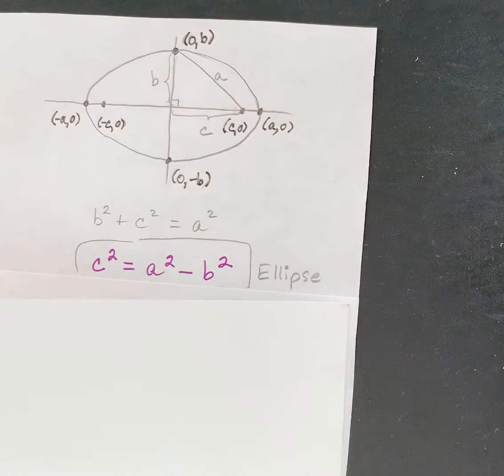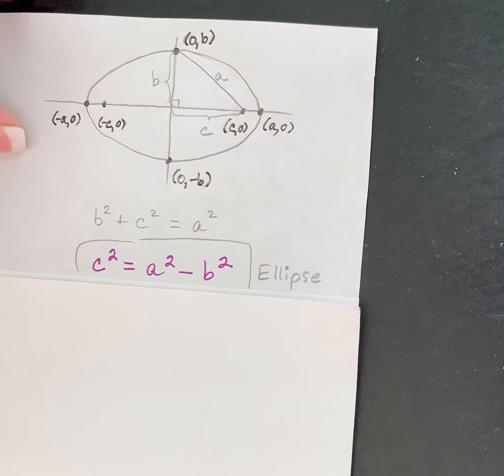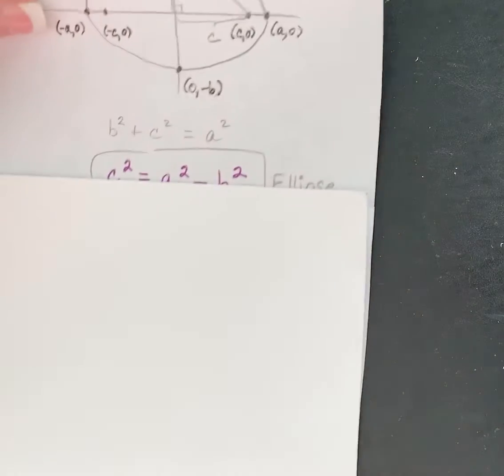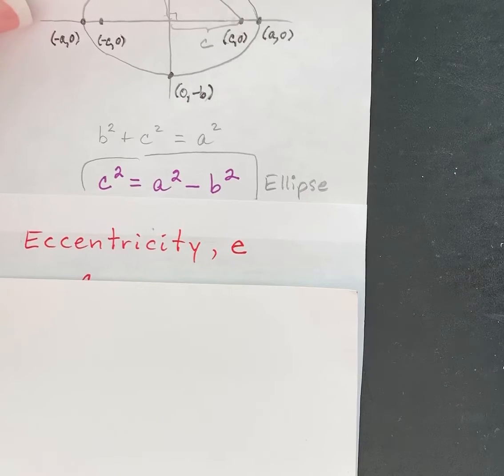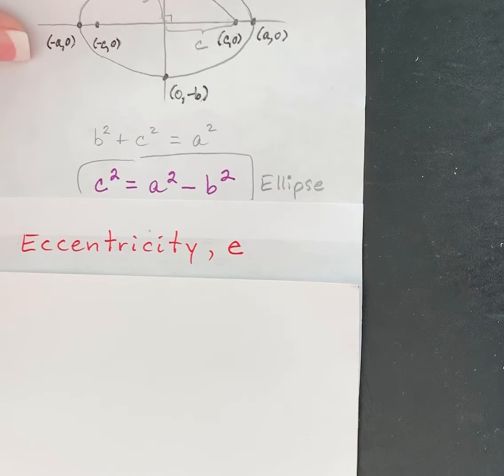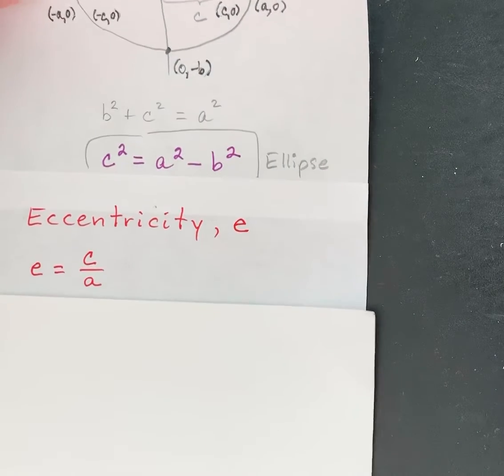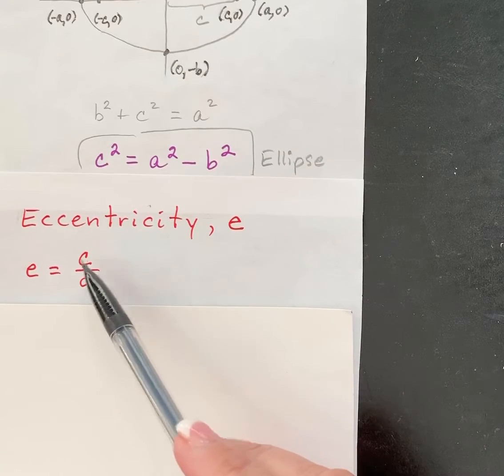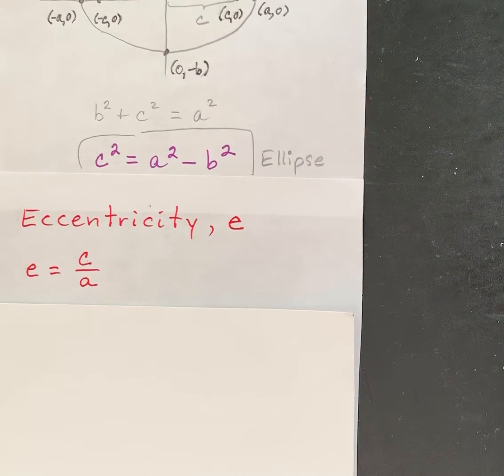Okay, all right. Now, something you can do with c, besides it just being where the foci are, is something called the eccentricity. This is usually represented with the letter e. And the definition is e is equal to c divided by a. So it's the ratio of the focal length divided by a.